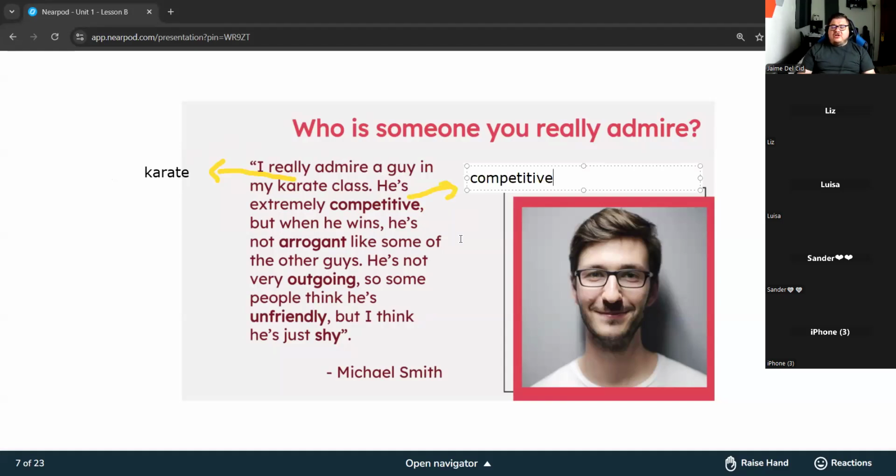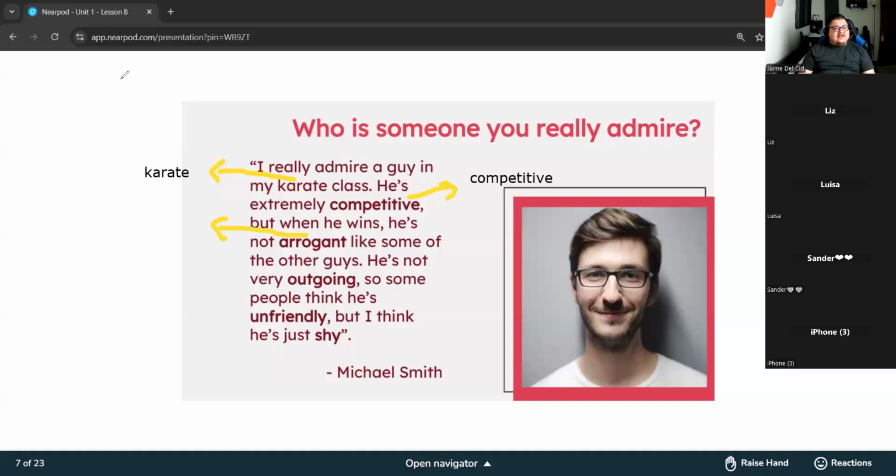So yesterday we talked about, right, the way that you live your life, right? And sometimes when you're playing games, you don't want to lose. That's being competitive. So he's extremely competitive, but when he wins, he's not arrogant. Arrogant. Noten que nos están tocando palabras fáciles, considero yo, ¿verdad?